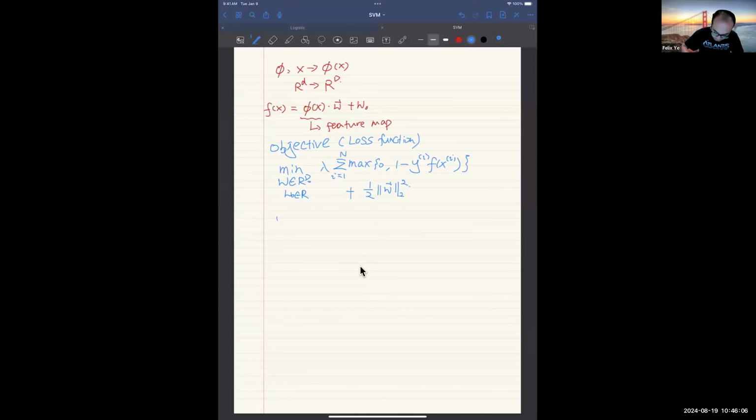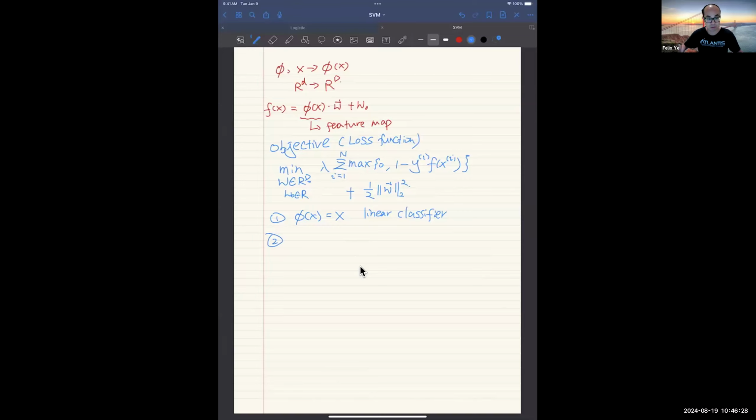And the simplest case that we think about is just phi(x) equal to x. This goes back to the linear classifier. That means small d is equal to big D. So this is nothing but the linear classifier. Another possible way that we have talked about is the quadratic classifier.